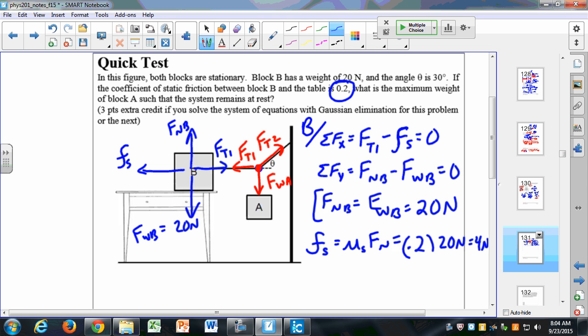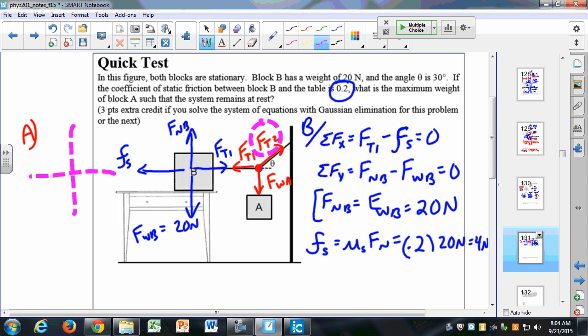All right. Now for block A, it's going to be a little bit more complicated, but I want you to do this on your own for a few minutes. For block A, the first thing I want you to do is draw your coordinate system and resolve those vectors, because you have one vector here that is unresolved, and we need to resolve that vector into its x and y components.